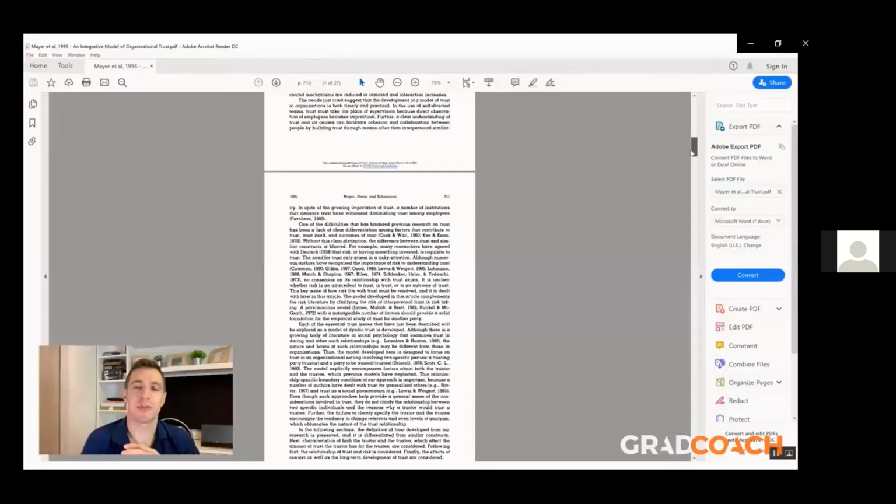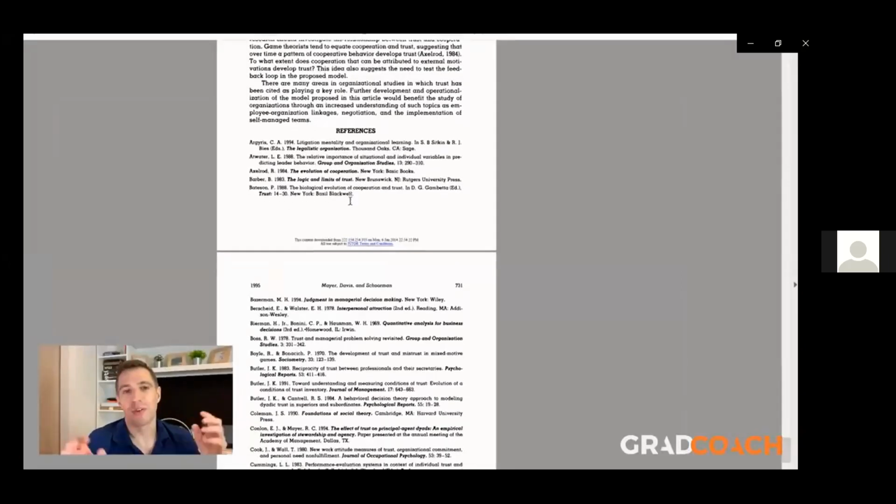And this is usually just completely ignored or not even printed out by students, but really this is the gold mine, because this is showing you everything that article that was super relevant to you is built on. So in other words, all the sources for you to go and unpack the foundations of that article.